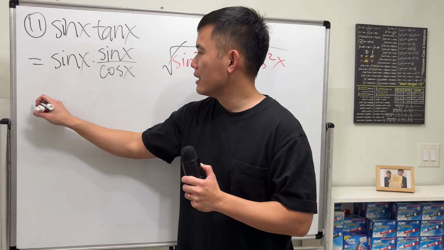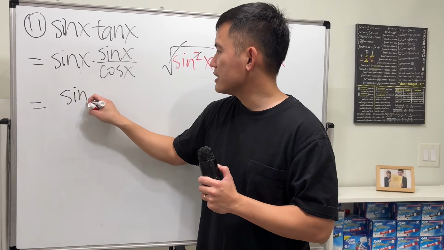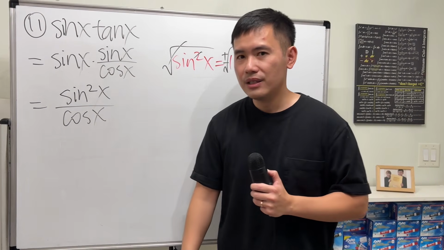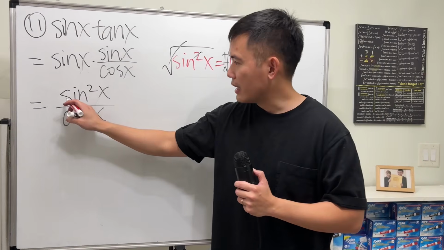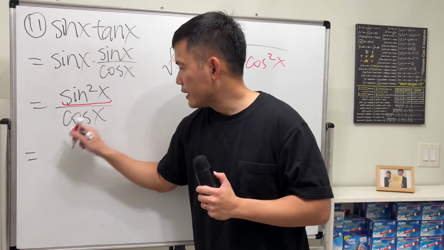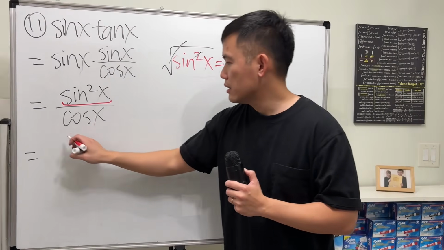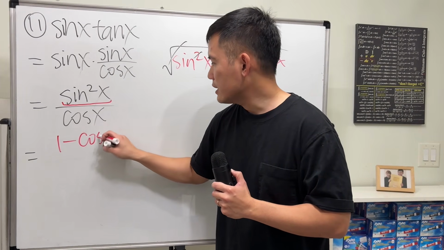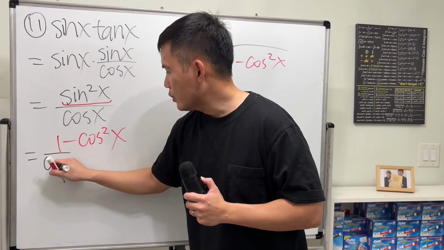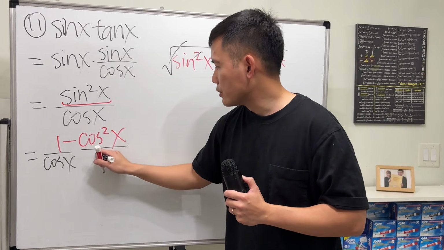Multiply the top. This right here becomes sine square x over cosine x. So far so good. Now, for sine square x, we can write that by what I told you earlier. This is 1 minus cosine square x. And then just go ahead and divide it by cosine x here, and then divide it by cosine x here.